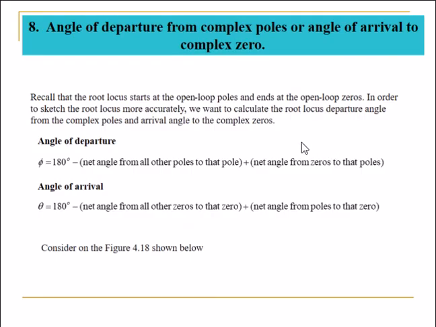Okay, the next step is we need to calculate our angle of departure from the complex poles or angle of arrival to the complex zero. To determine the angle of departure, we have 180 degrees minus the net angle from all poles to that pole, plus the net angle from zeros to that pole, while for the angle of arrival we have 180 degrees minus the net angle from all zeros to that zero, plus the net angle from poles to that zero.